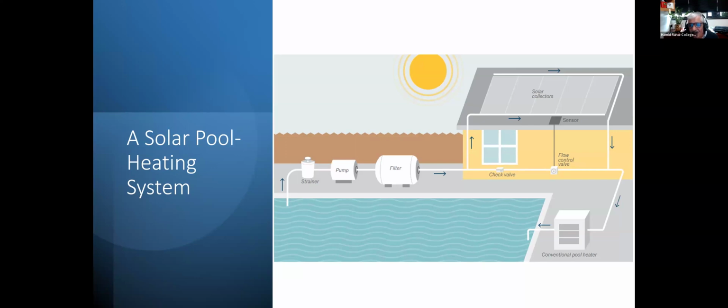The water goes through these solar collectors, which have a piping system that absorbs heat. Then it's fed to the pool heater. If the temperature is high enough, the pool heater does not work, so it just feeds to the pool. If it's not high enough, then there would be heating, but the amount of heating would be much less.